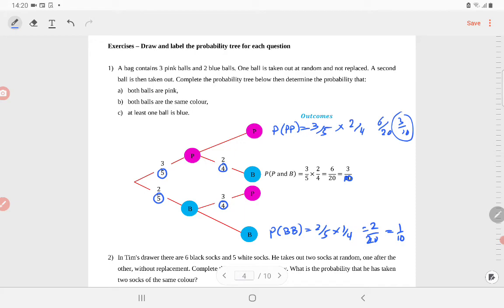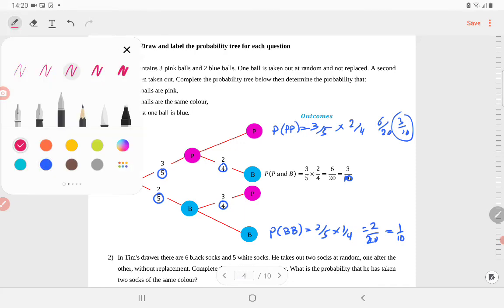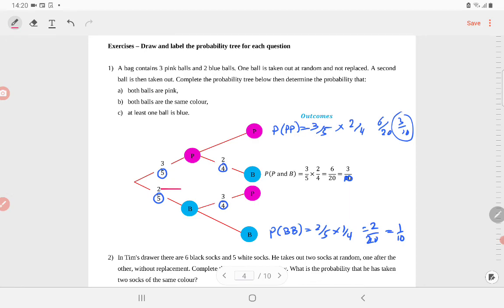And also notice that this number 2 is here, and this number 3 is here. That's another way to think about it. If you want to get the correct answer, you can just move these 2 numbers across. Okay, 3 on 5 becomes 2 on 4. 2 on 5 becomes 1 on 4. And then these 2 numbers can be crossed over.